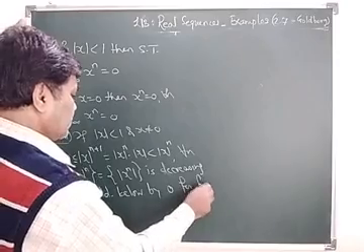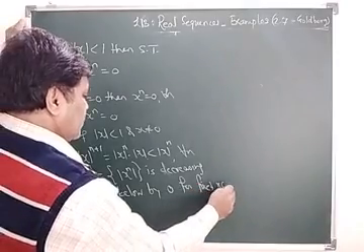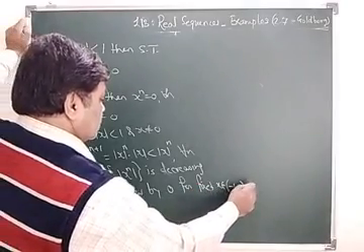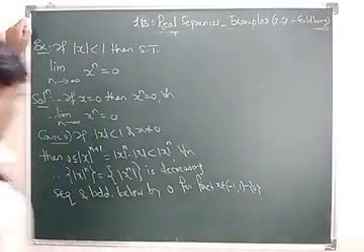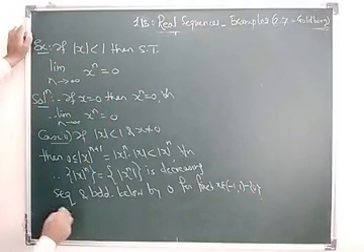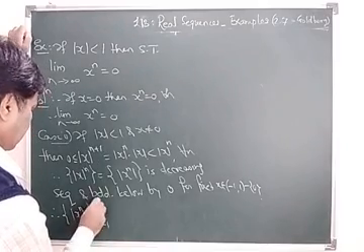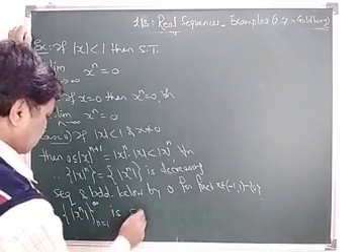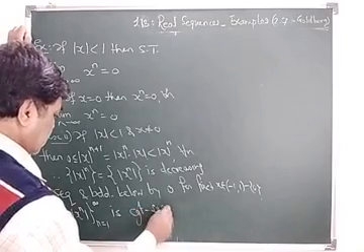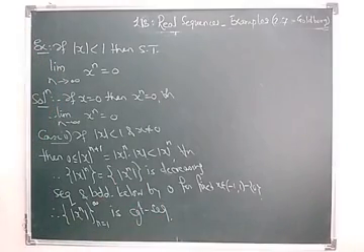For fixed x belongs to -1 to 1 excluding 0, and therefore mod of x to the power n, n equal to 1 to infinity, is a convergent sequence.